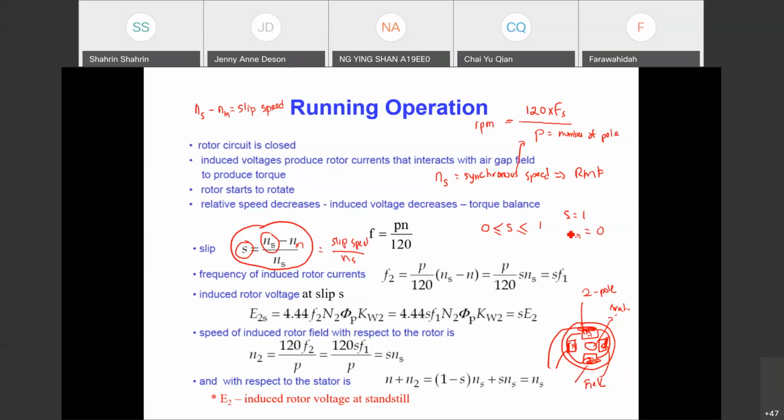No rotation. And when your S is equal to 0, your motor speed is equal to your synchronous speed. So that is about slip speed and synchronous speed.